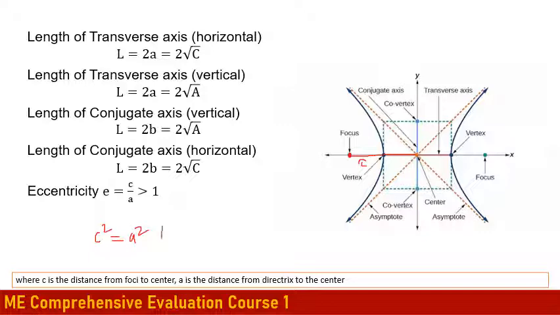So it is now a different relationship as compared to the ellipse, wherein your C is smaller than A. So this is how you can get the value of C if you have the values of A and B. Again, A is this line here and B is this line here. A is just the distance from the vertex to the center, and B is the distance from the co-vertex to the center. The distance from the center to the focus is equal to C.